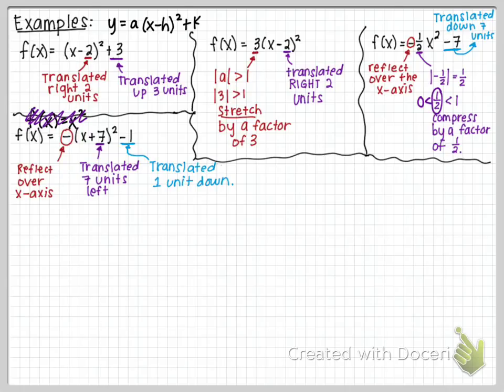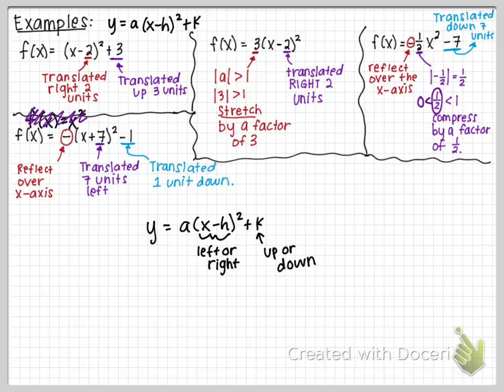So quick overview. When we have y equals a times x minus h squared plus k, the h piece means you're going left or right, depending on the negative or positive sign. The k means you're going up or down.